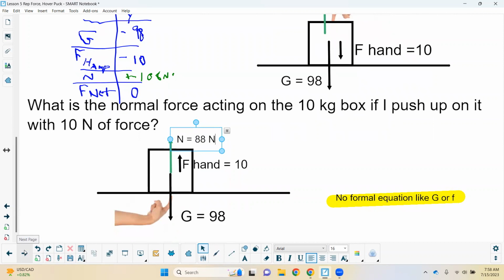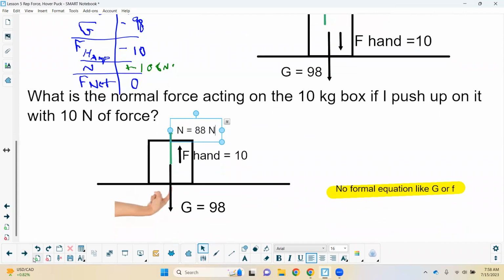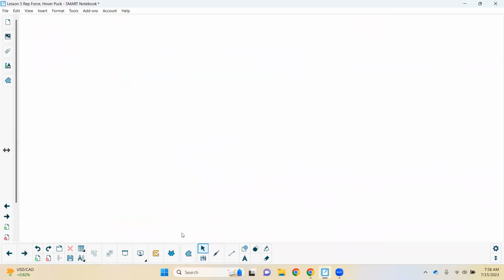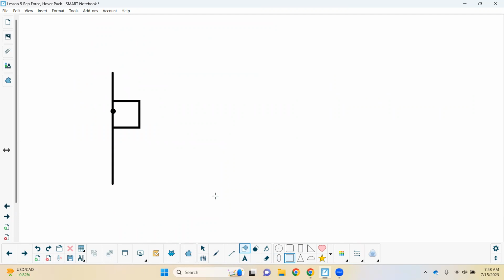It doesn't always have to be in the y direction. So just to talk about that briefly, it doesn't happen in many situations, but if you imagine I had a wall and I had a box. Nope, that's not a box. That's a box.